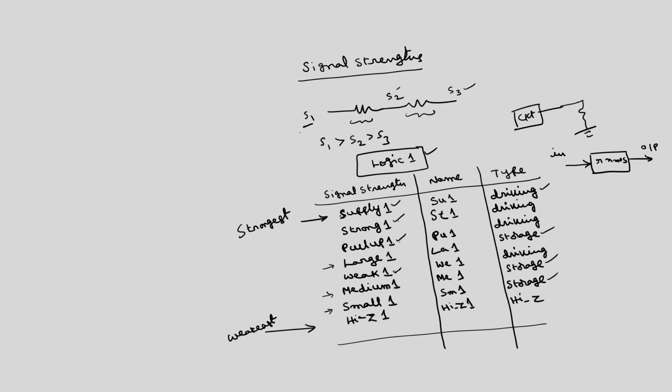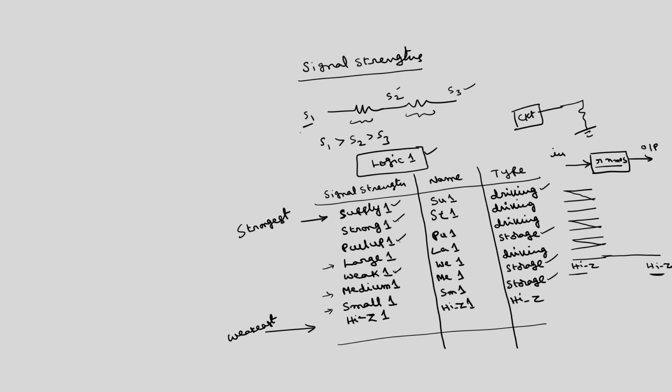Suppose the input levels are in the same order: supply, strong, then pull up, large, weak, medium, small, then high impedance. The output is also high impedance. If I apply this to the RNMOS circuit, if the input is high impedance, the output is also high impedance.